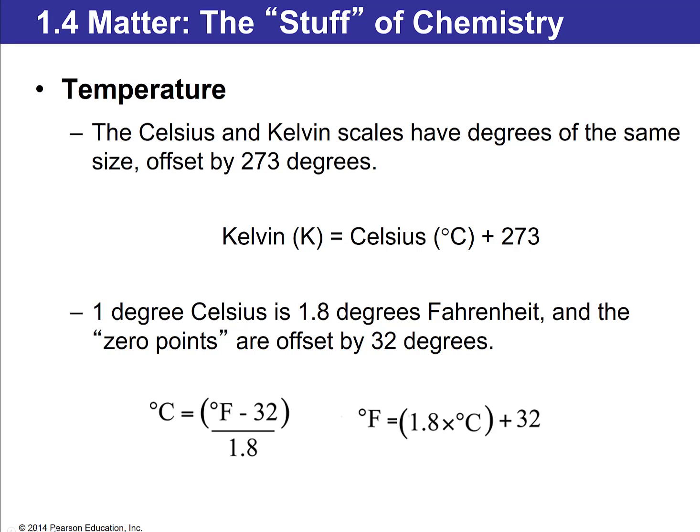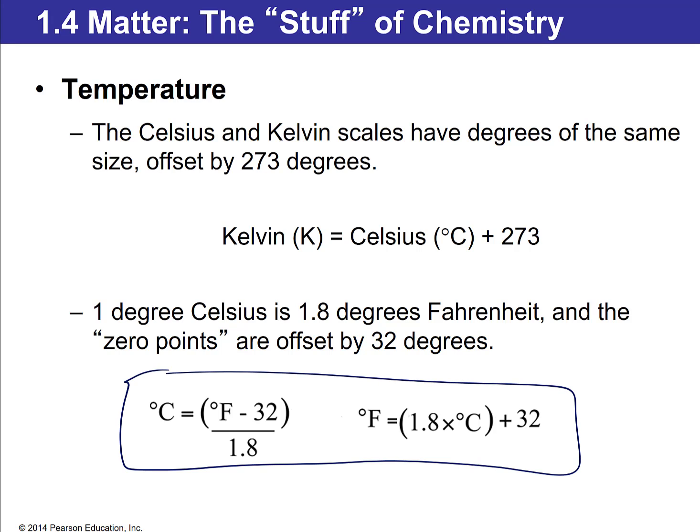There is a conversion for that. But like I said, I don't expect you to do the math conversion between Celsius and Fahrenheit. But if you did, this is the one that you would use if you have Fahrenheit and you want to go to Celsius. So you can plug F in, the Fahrenheit number, subtract 32, then divide it by 1.8.